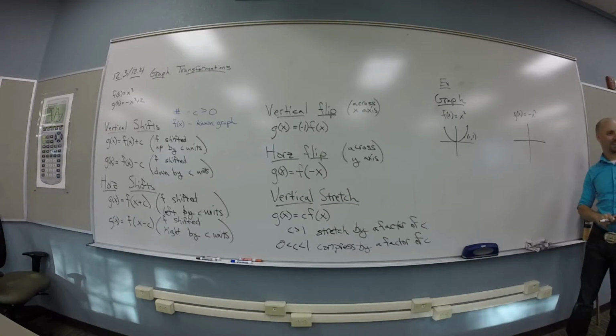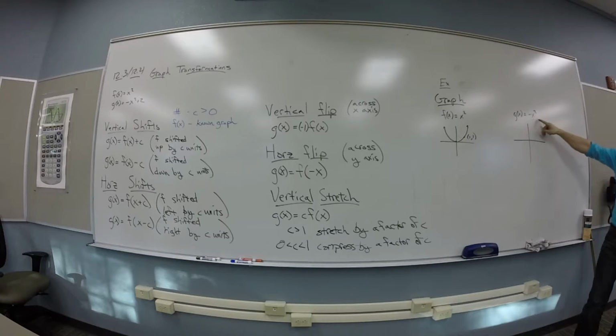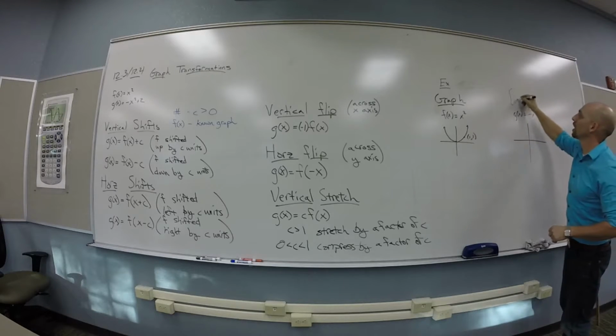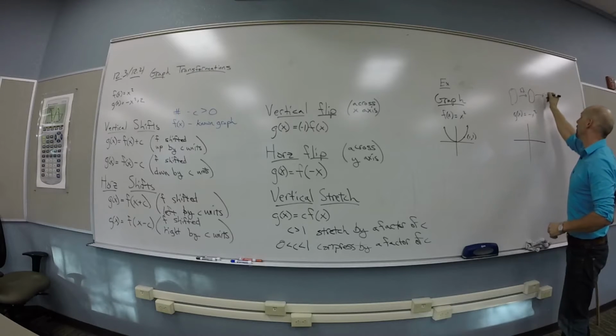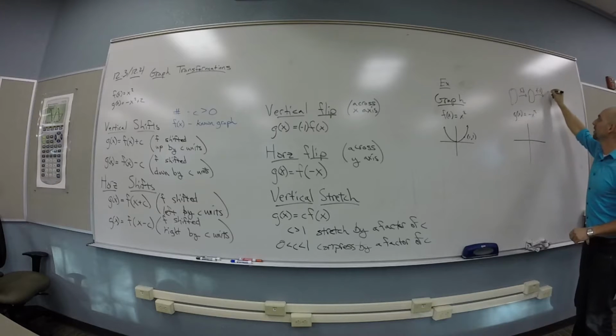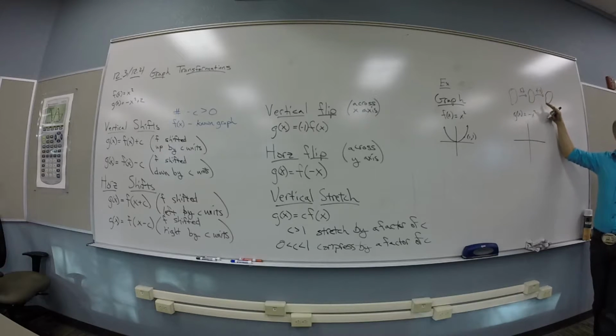Other way around. This negative happens after I do the function. The function I know about is x squared. If I was drawing a bubble diagram, I'd square first, then multiply by negative 1, right? You guys see that? So the fact that it's happening after my square means that it's a vertical thing. So it's a vertical flip.